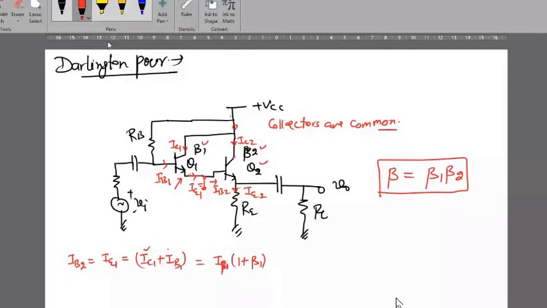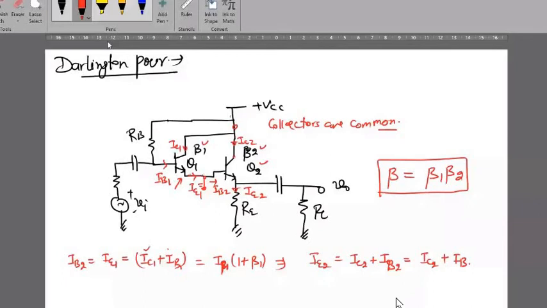I don't think there is any problem. Okay, this is IB2, and if I calculate IE2, then IE2 equals IC2 plus IB2. And here this will be IB2, this is IC2 plus IB1 (1 plus beta 1).